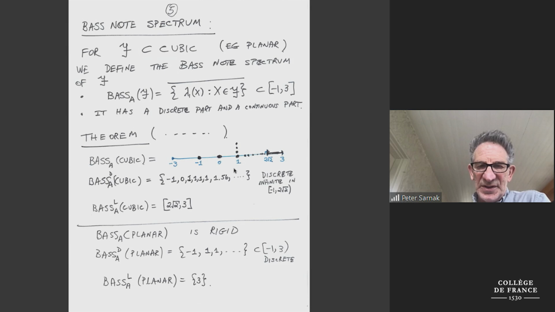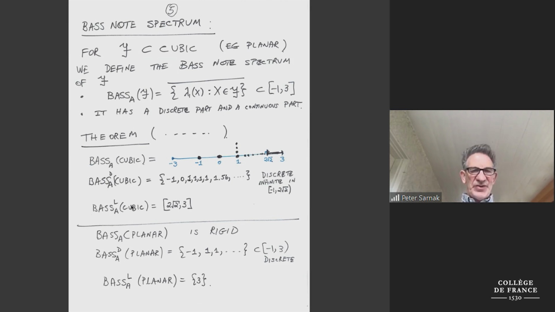I'll explain the attributions in the next slide. So the discrete part is this infinite set in -1 to 2√2, open, and then the continuous part of that base node spectrum is 2√2 to 3. So it's got a beautiful description.